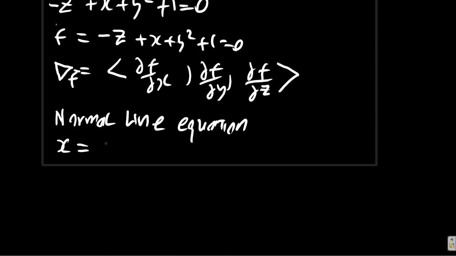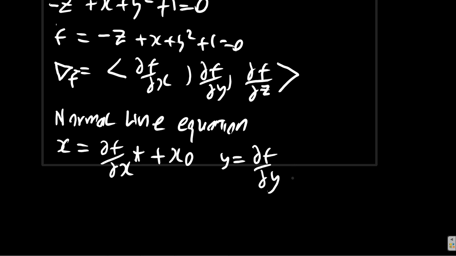Here x is equal to the partial derivative of f with respect to x, times t, plus x0, the specific point. y is equal to delta f by delta y, the partial derivative of f with respect to y, times t plus y0, and z is equal to the partial derivative of f with respect to z times t plus z0.